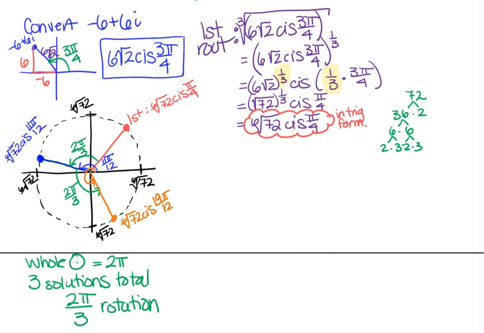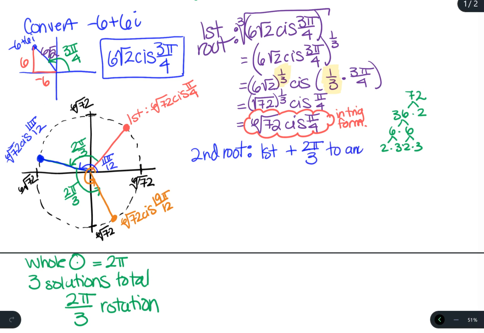Now, how do we find those algebraically? We do exactly what we did for the graph, but we just do it with the algebraic expression here. So our second root, what we did is we took the first root and we added 2 pi over 3 to the angle. So we're going to go ahead and do exactly that. So I take my first root.